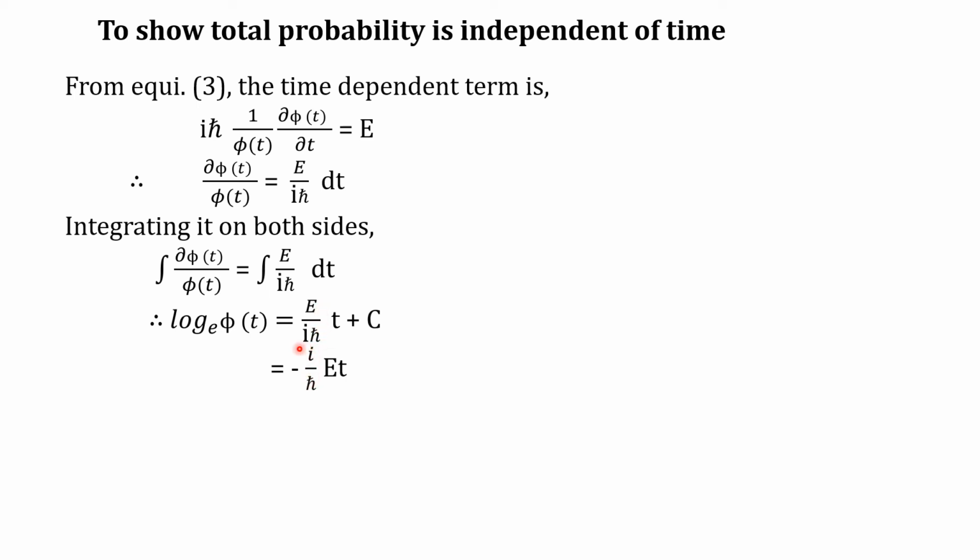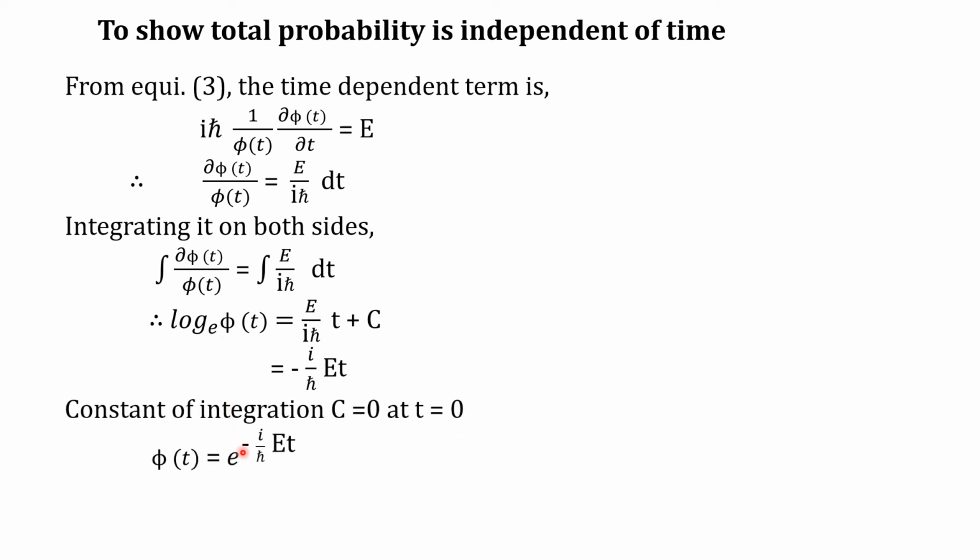Therefore the denominator is i square, which is minus 1, and the numerator is i by h cross, giving minus i by h cross E into t. Now we cancel the log term on both sides, and it becomes phi of t is equal to exponential minus i by h cross E into t.